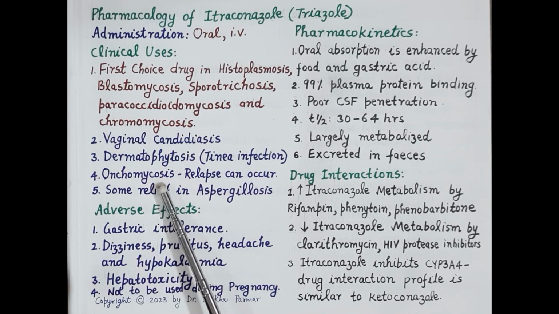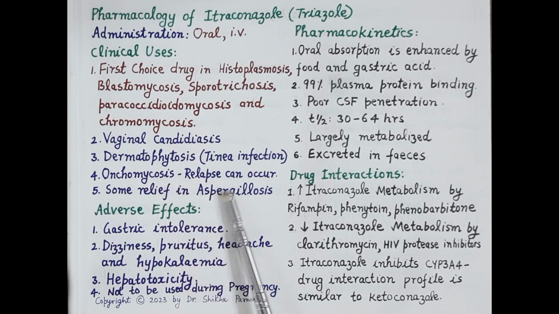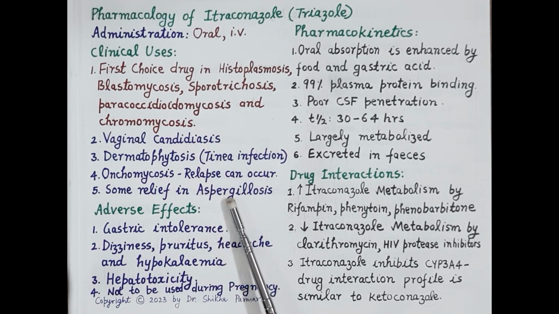Now itraconazole is also effective in the treatment of onychomycosis, that is a tinea infection of nails, but relapse can occur, and some relief is also provided in aspergillosis by itraconazole. So these are the clinical uses of itraconazole.